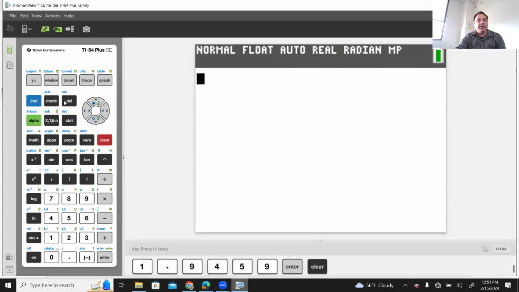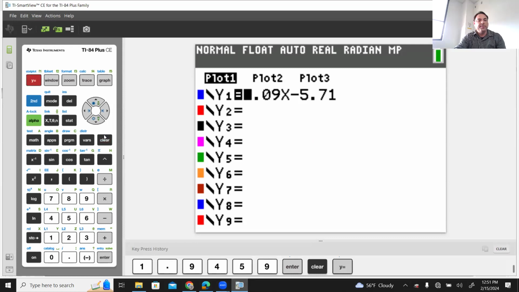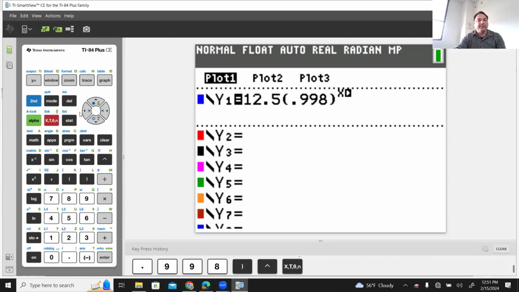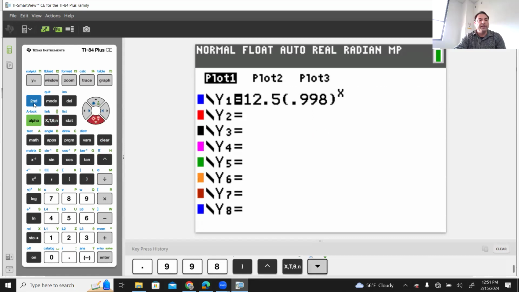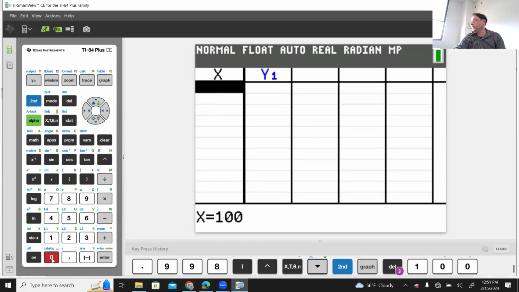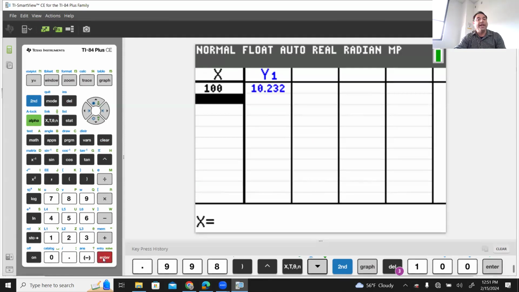So I'm going to go to my calculator, go to Y equals, in Y1, I'm going to put the equation 12.5 parenthesis 0.998 close parenthesis raised to the X. Then, as we learned over and over again in the other chapters, you go to the table, plug in 100, and you get 1023.